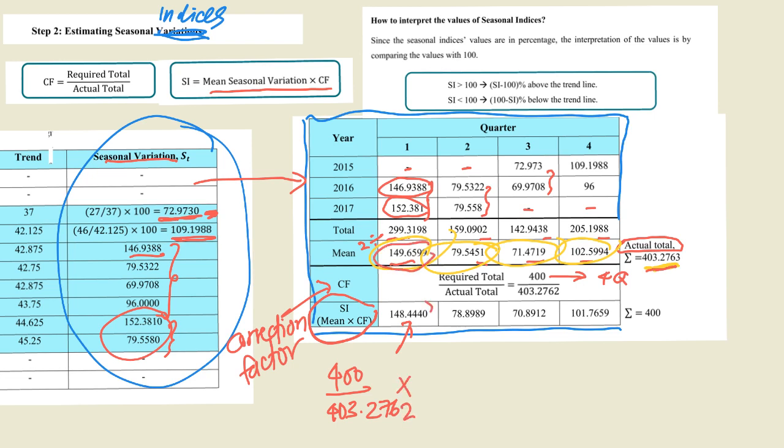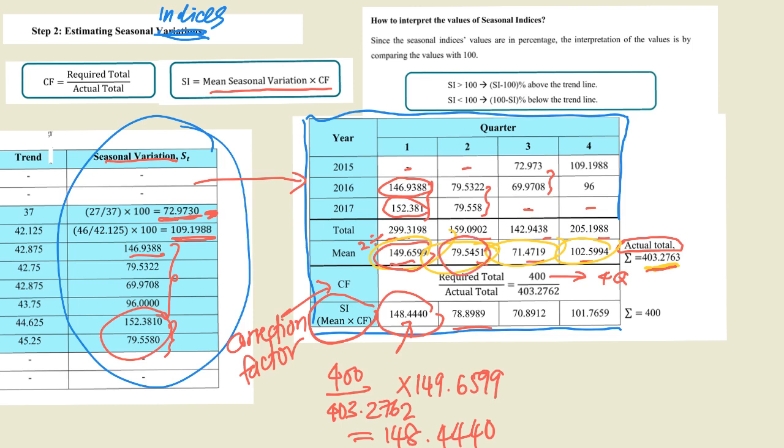Since we are going to calculate for the first quarter, it is 149.6599, and then you press the calculator, you're going to get 148.4440.